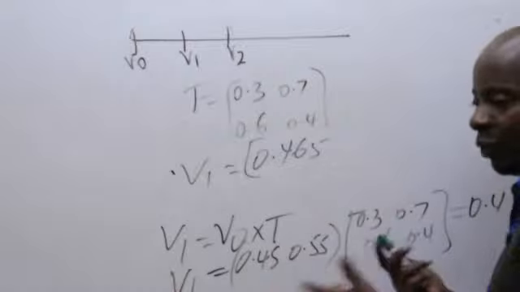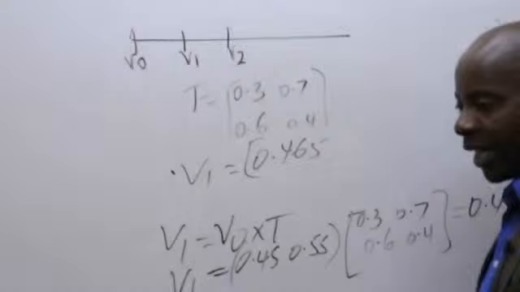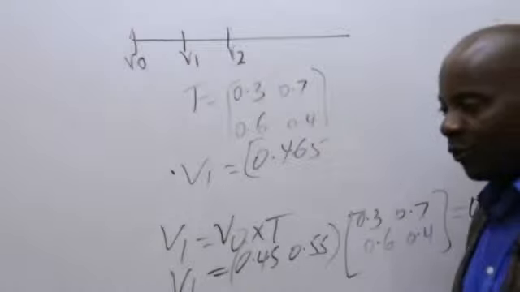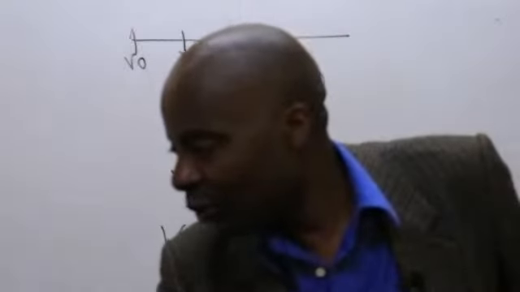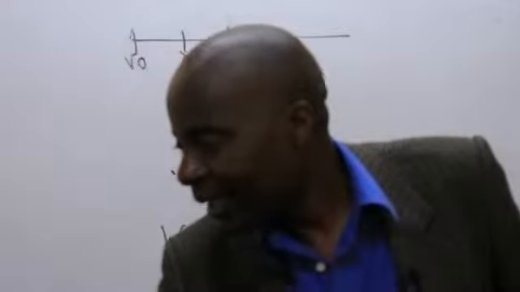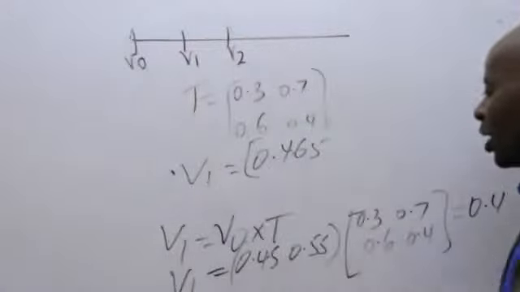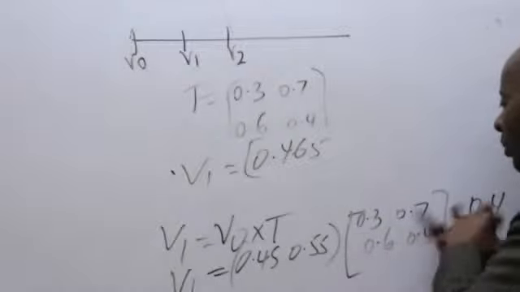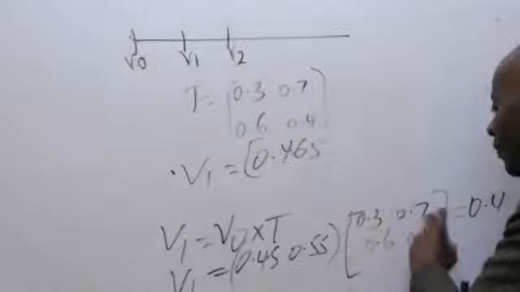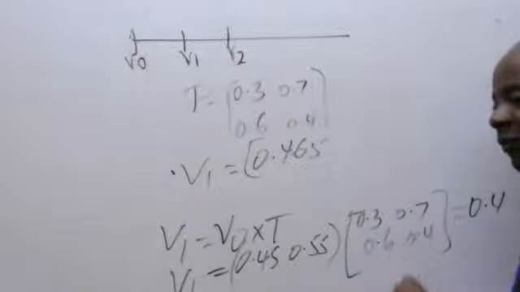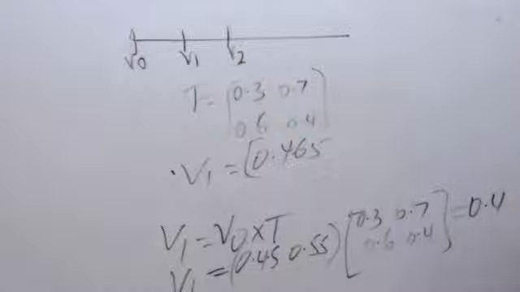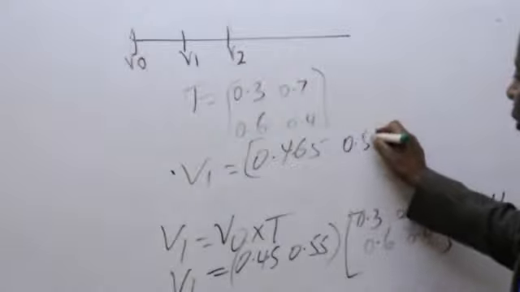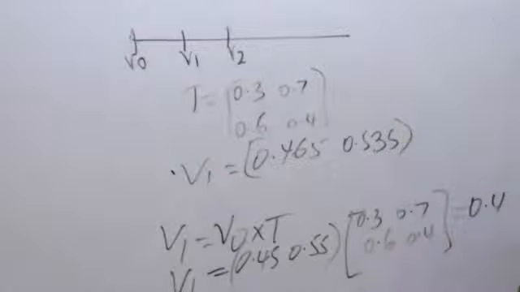I hope they're able to follow. How do I do it? 0.45 times 0.7 plus 0.55 times 0.4. Please give me a figure. Aha, we have Denzel giving me 0.535. So that is vector 1.